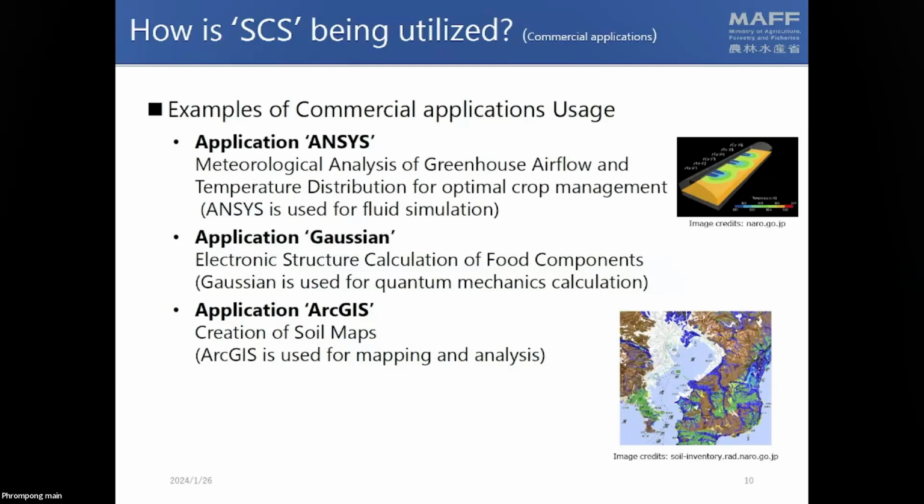AgGIS is used. This study aims to create soil maps by combining various geographical data such as topography, vegetation, land use, and satellite images. AgGIS is used to visualize the characteristics and distribution of soils across Japan.